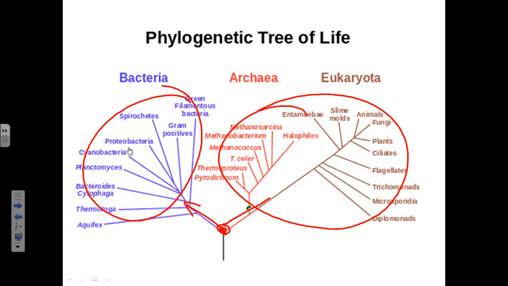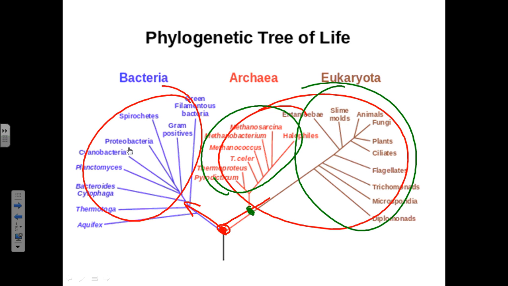Well, whatever was sitting right here, some of its descendants became archaea, and some of its descendants became all the eukaryotes. This diagram is trying to show us that we, as eukaryotes, are more related to which of the other two groups? Archaea, because we share a common ancestor a little closer down the line.